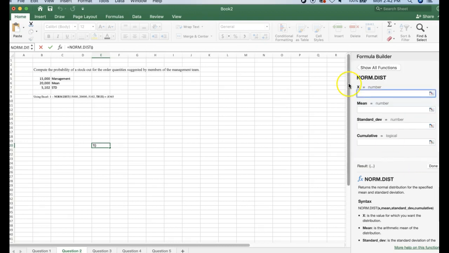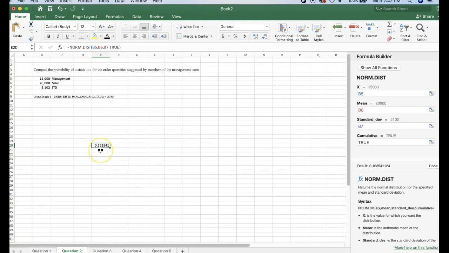I'm going to insert function, and then I'm going to see that I have the following numbers in here that are telling us what we need to have. So we have our 15,000, we have our mean, we have our standard deviation, and then what we want to type in is TRUE, and we want to make sure that we use all capital letters. Alright, and then we get the number .16.